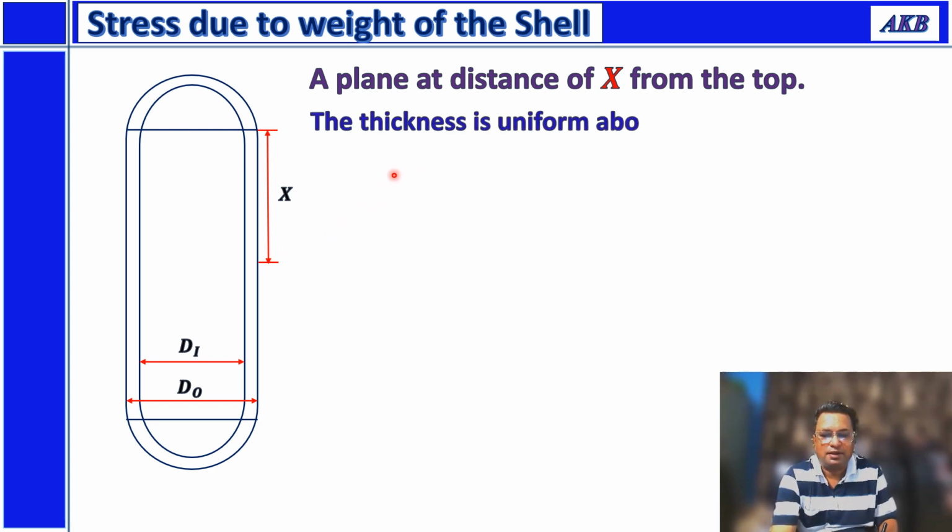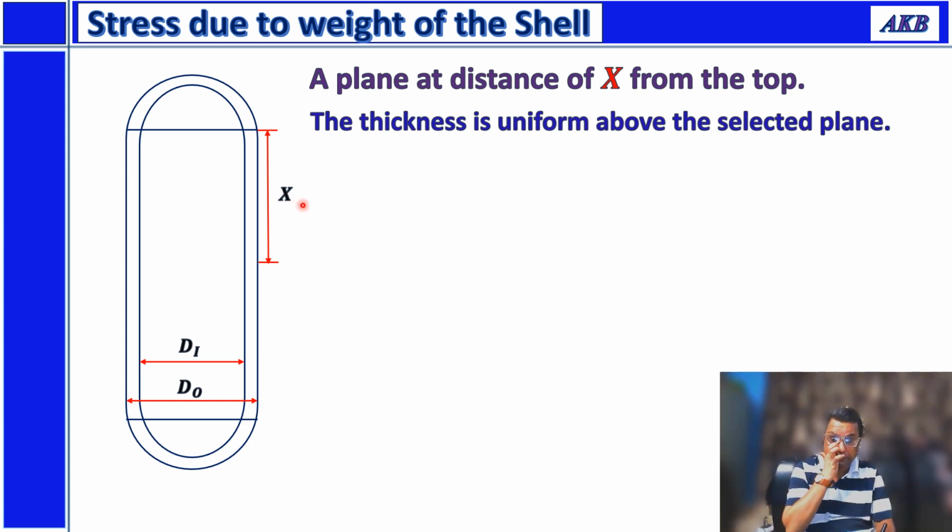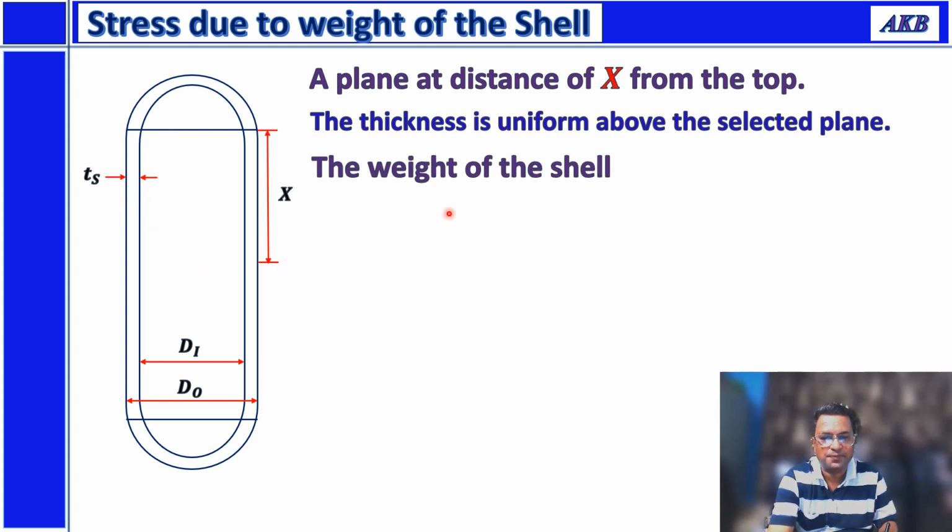We have selected this section in such a way that the thickness of the column within this section is uniform. The height x is selected in such a way that the thickness of the shell is uniform throughout this height. Then let Ts represent the thickness of the shell.